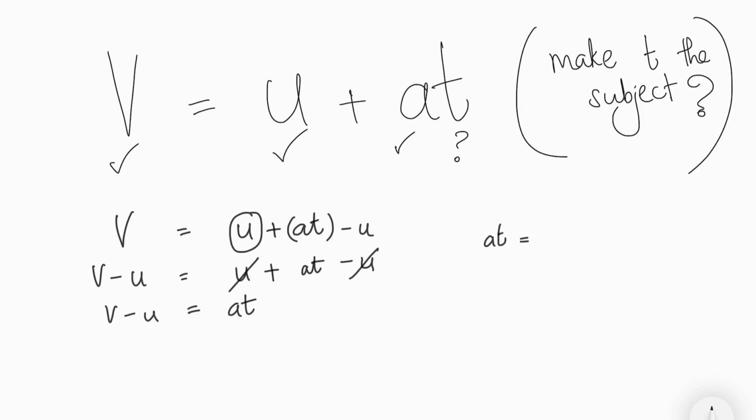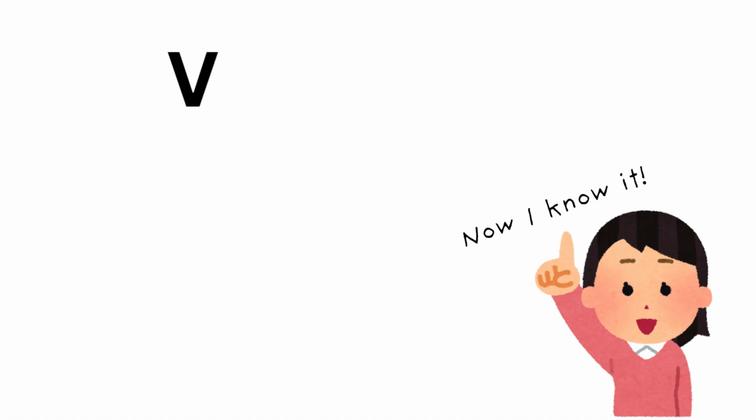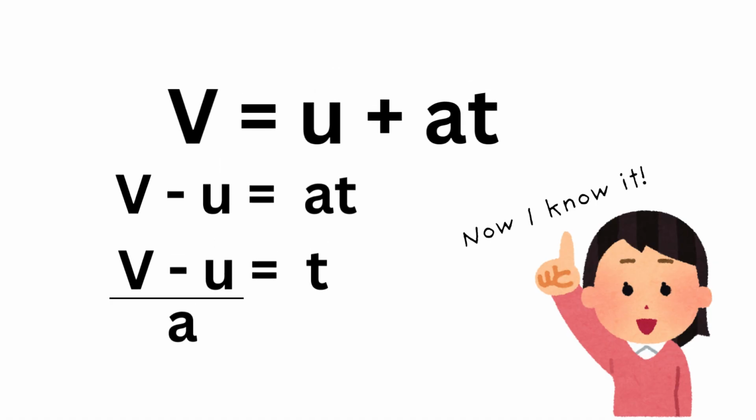At is a into t. So to get rid of the a on this side, I'm supposed to divide it by a, isn't it? So let me divide this side also by a. So a gets cut on this side, and ultimately you have t is equal to v minus u divided by a.